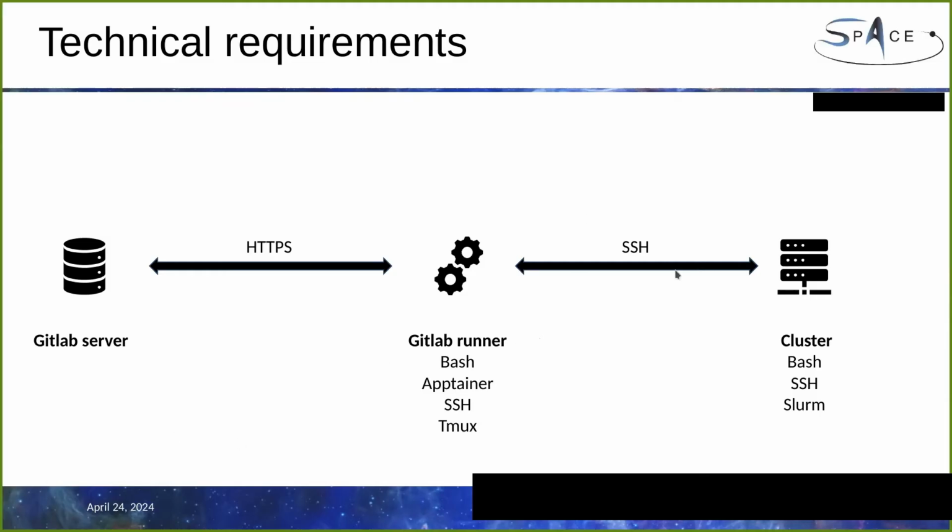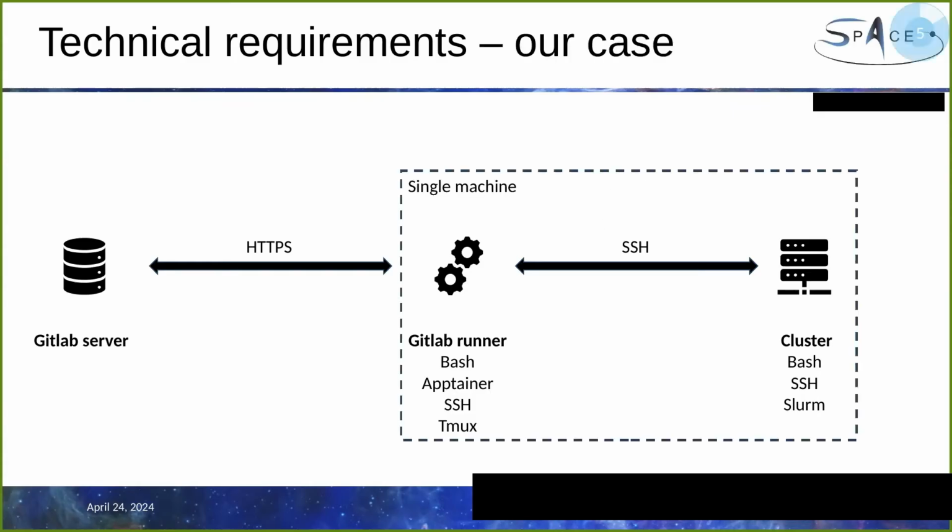As for what technologies you need for the GitLab runner, you need Apptainer or maybe Docker. You definitely need SSH. Tmux is not necessary, but it's going to come in handy. And I don't have to mention Bash. For the cluster, you only need SSH and Slurm, or either Slurm or PBS or whatever scheduler you have there. I think you can make it work with a little bit of effort.